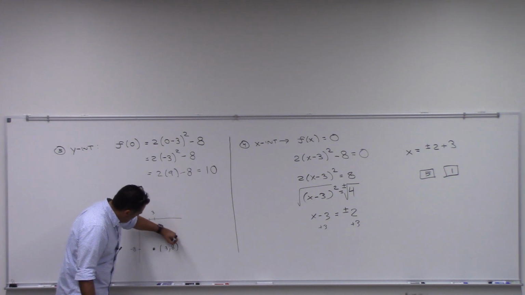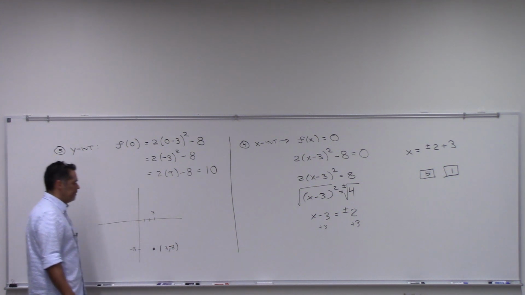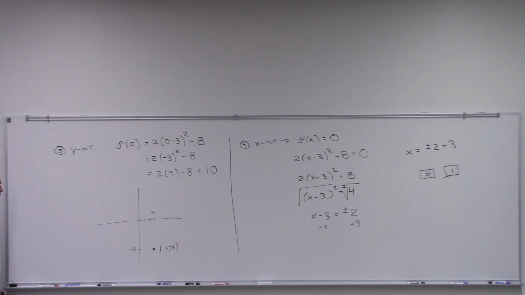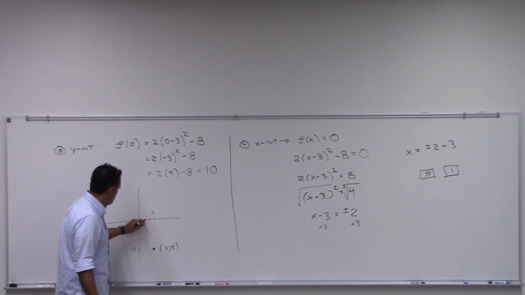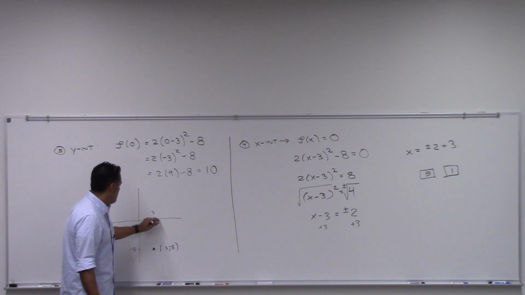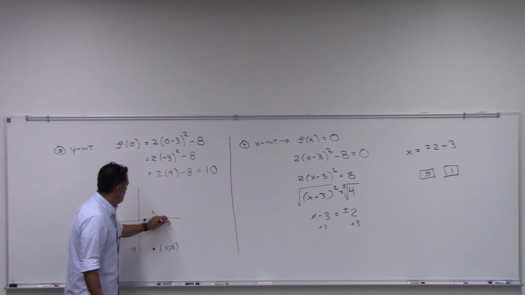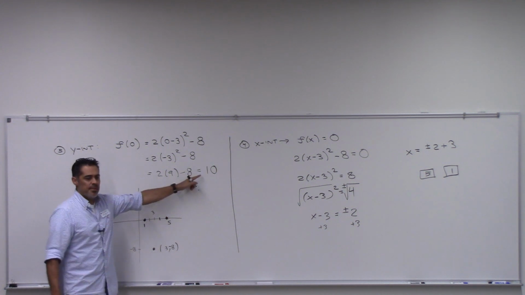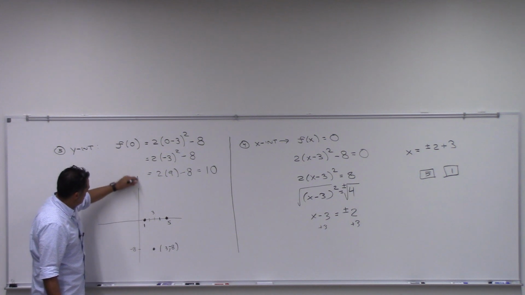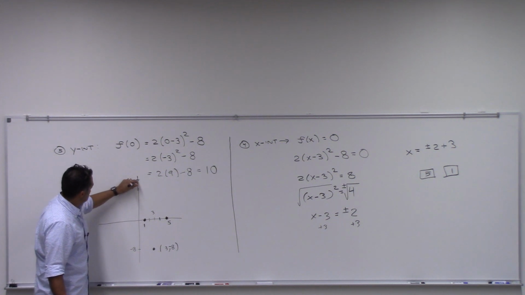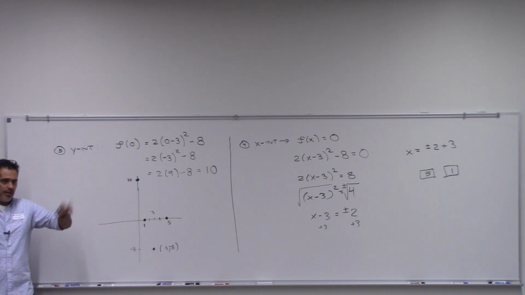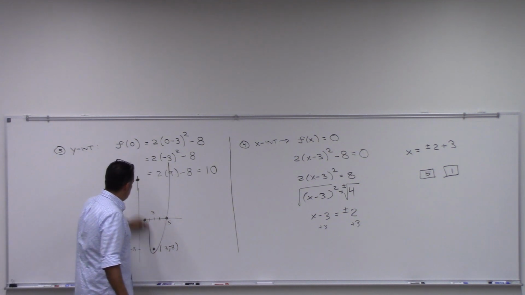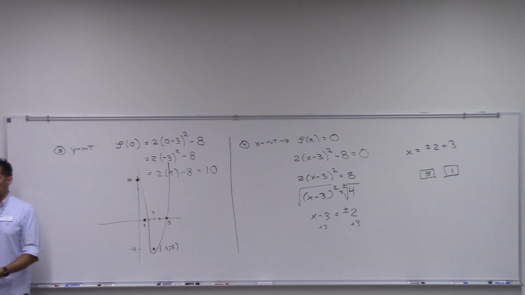Positive 3, negative 8. All right. And then my x-intercepts were at 1. Here's 1. And at 5. And then I had a y-intercept at 10, which is way up here at 10. And then I draw a parabola, right? Okay, you get the idea.